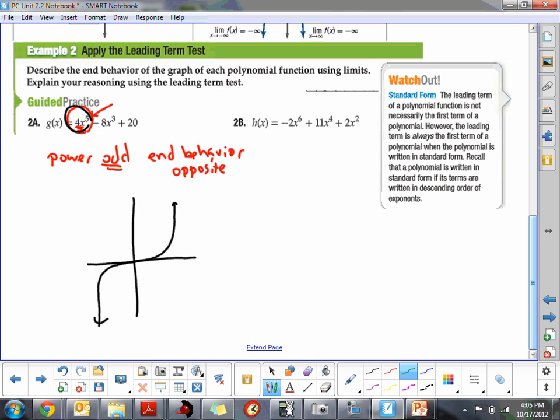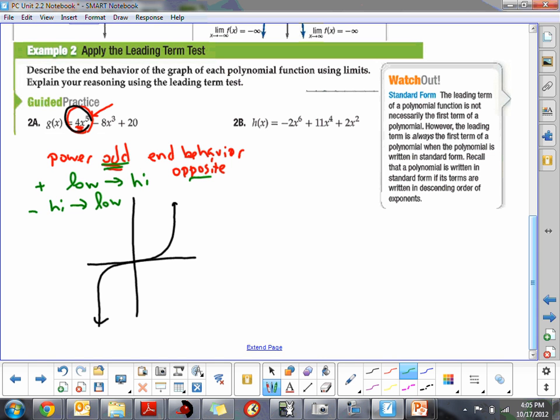Not only do you want to know the power, because if it's an odd power, you're going to have opposite end behavior, and it'll be this S shape that I just graphed. The other thing is, if it's a positive number, it's always going to go from low to high. If this 4 was negative, then it would start high and finish low. I know we've done this several times in class, but I'm just reiterating that fact.